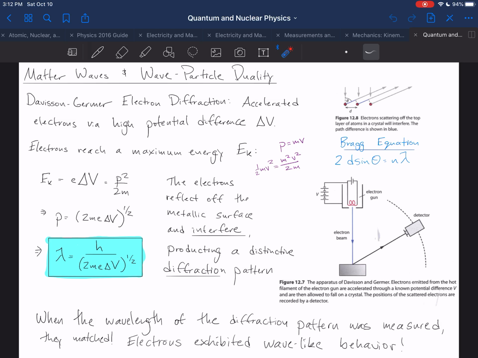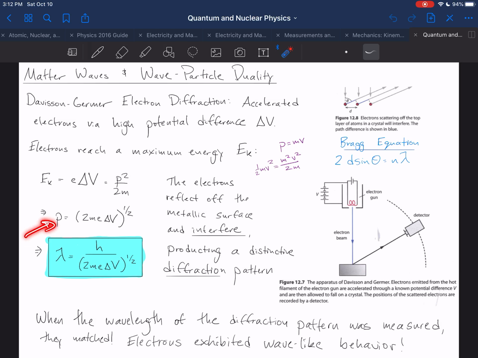So very quickly, how would we do that? Well, if they reach a maximum kinetic energy EK from rest, they have done so by being sent through a potential difference, so they gain a given energy e times delta V. And if you recall, the relationship between the kinetic energy and the momentum is that EK is equal to p squared over 2m. That derivation is right here.